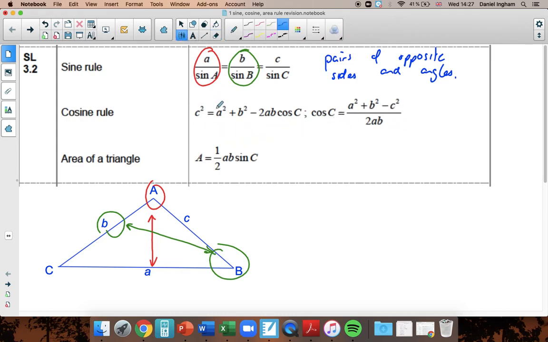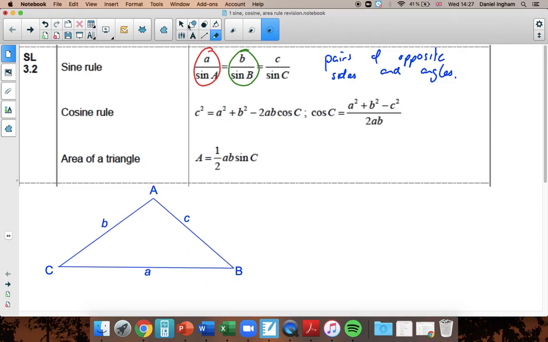When can we use the cosine rule? Well, if we look at this version here, we've got a, we've got b, we've got a and b again, and we've got cosine C. So what we've got there is side, angle, side.